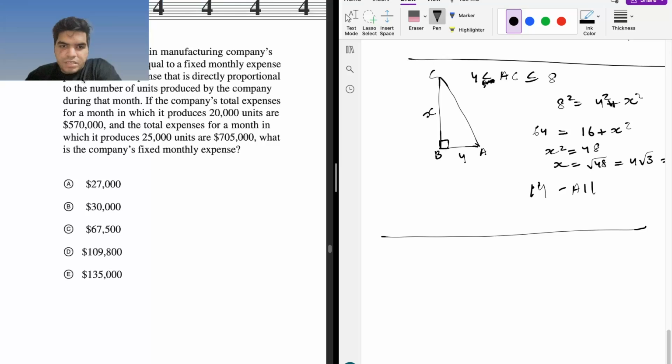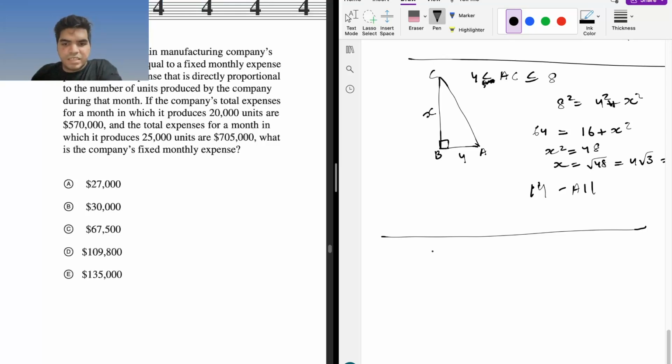If the company's total expenses for a month in which it produces 20,000 units are 570,000, and the total expenses for a month in which it produces 25,000 units are 705,000, what is the company's fixed monthly expense? Simple linear equation in two variables.